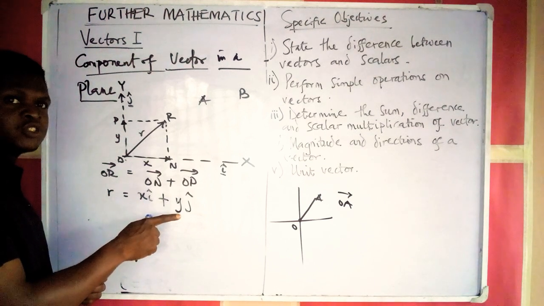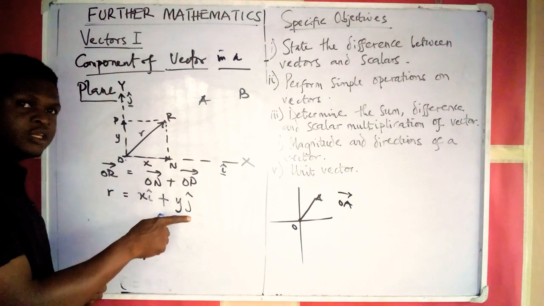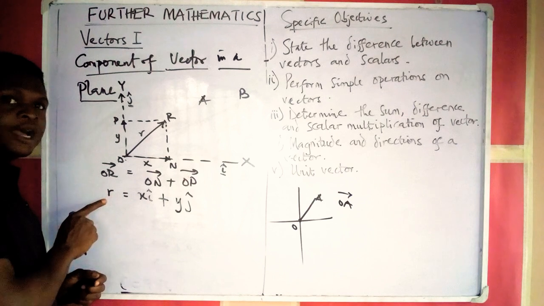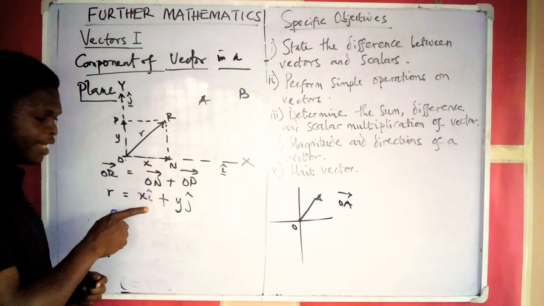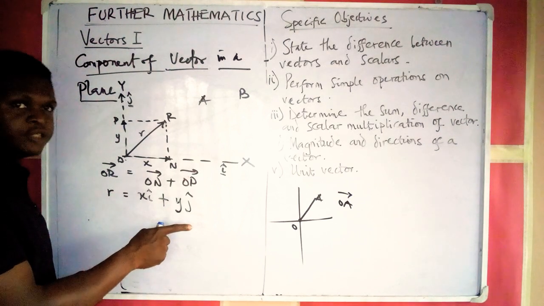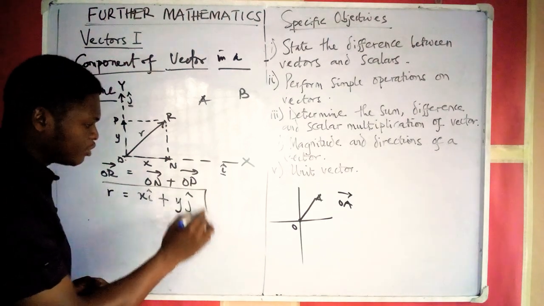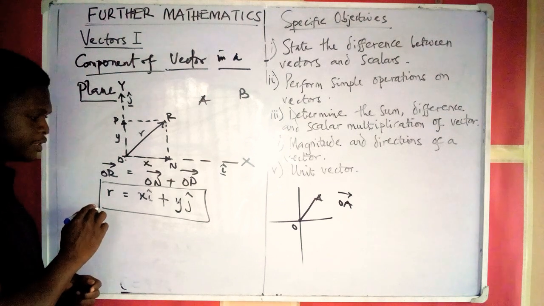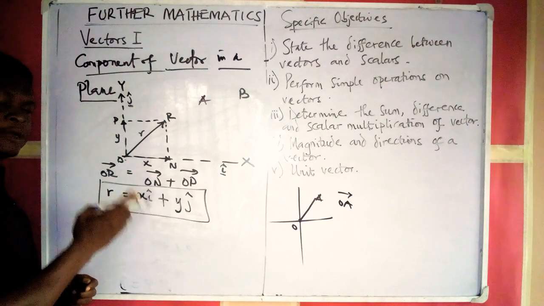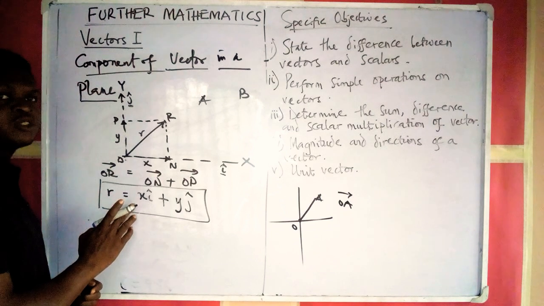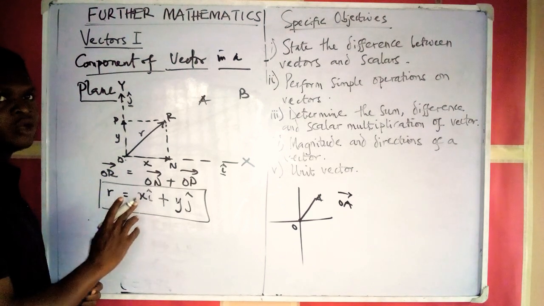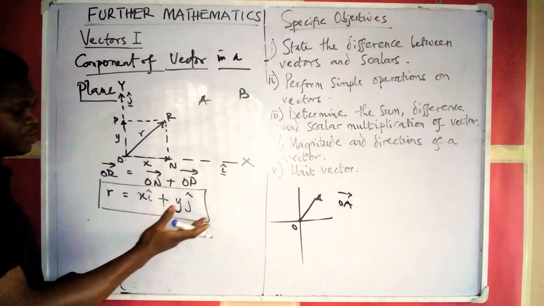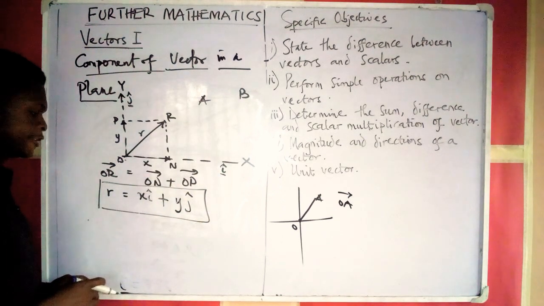And y is the magnitude on the vertical, and yj is its unit vector in the direction of y. So r is equal to xi plus yj. Whenever a vector is written this way, we say that the vector is written in its components. Now remember, this is only for vectors that are in a plane, or two-dimensional vectors, that is, vectors that are represented on a plane, just like a board like this.